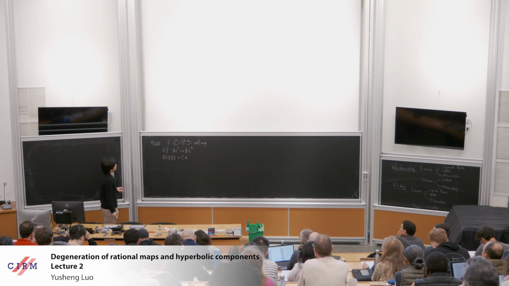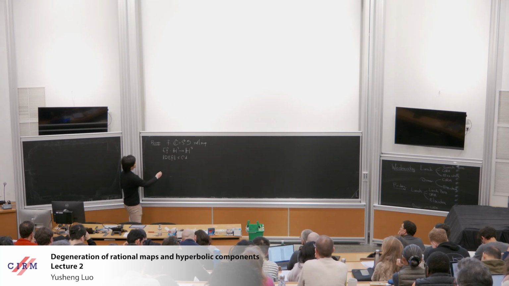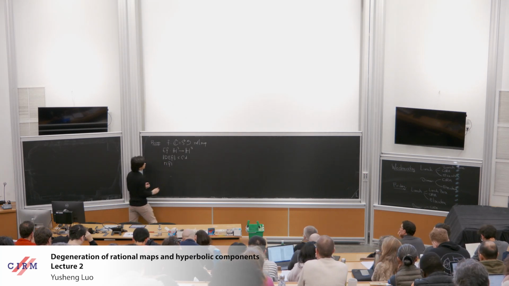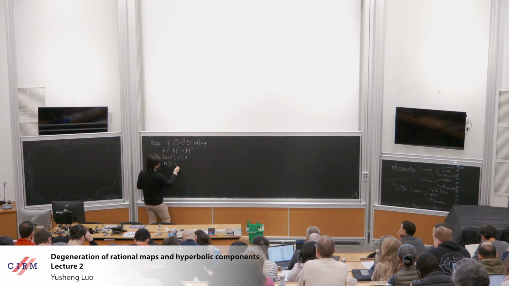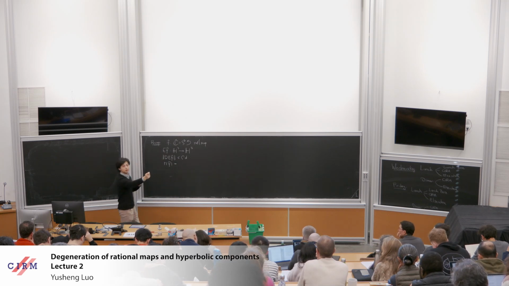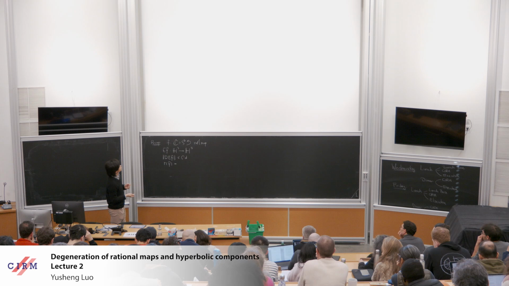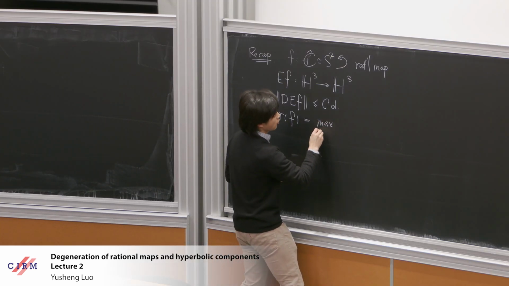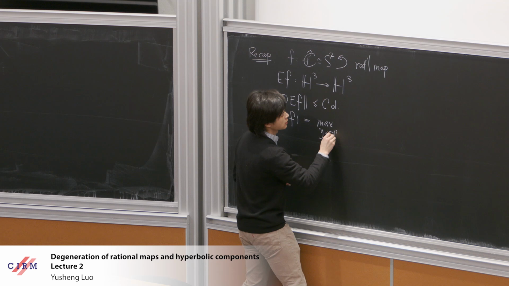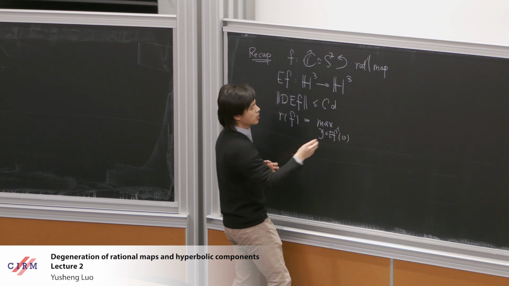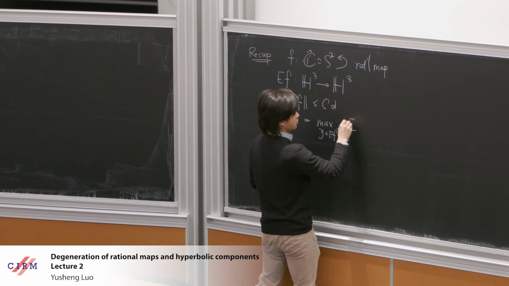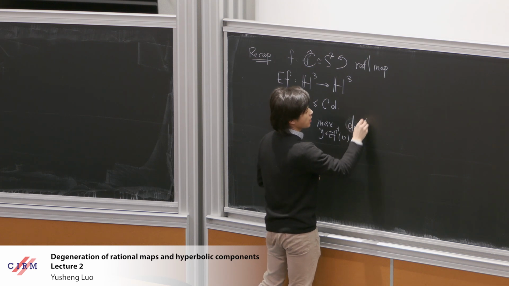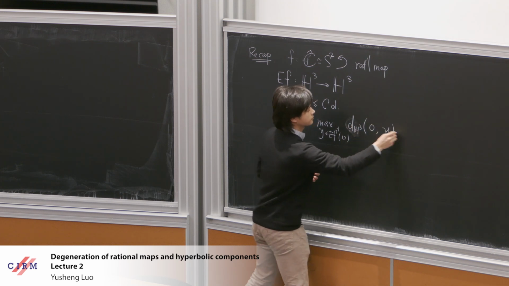All right, and we also talked about this particular function which measures how far the preimage of the 0 is under the barycentric extension. So this is the maximum of y in the preimage of the origin in the ball model, and you measure it using the hyperbolic distance between 0 and y.